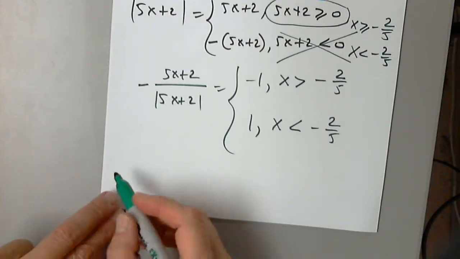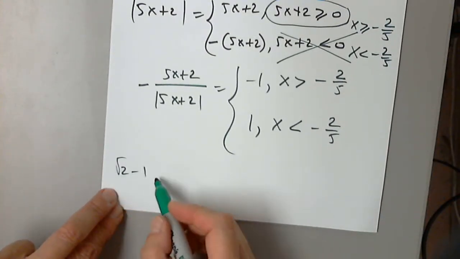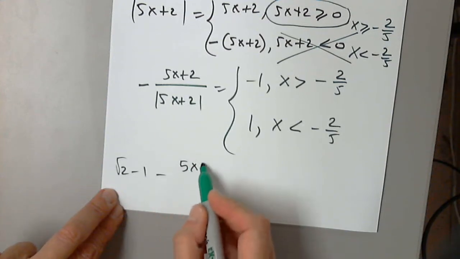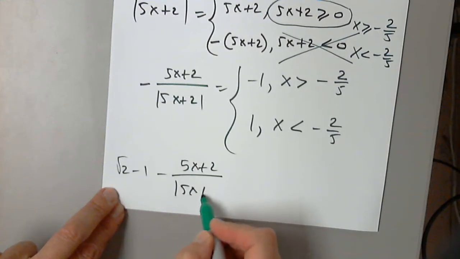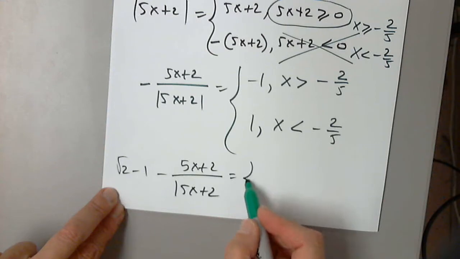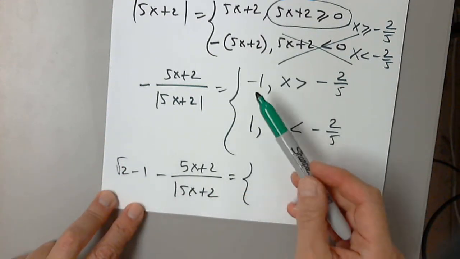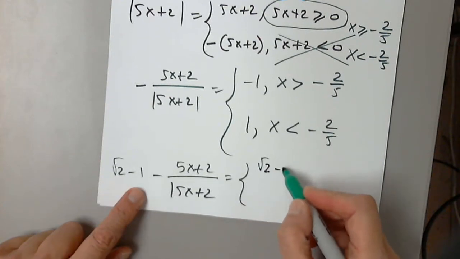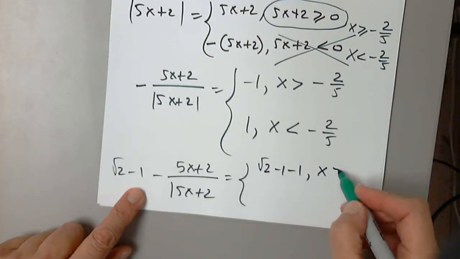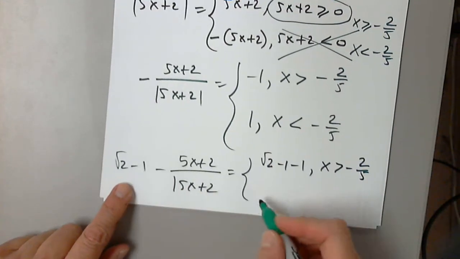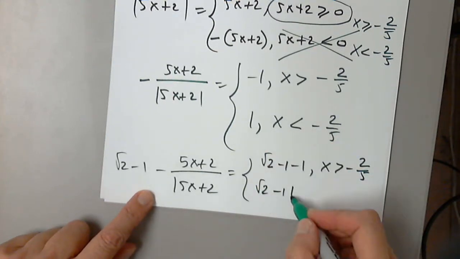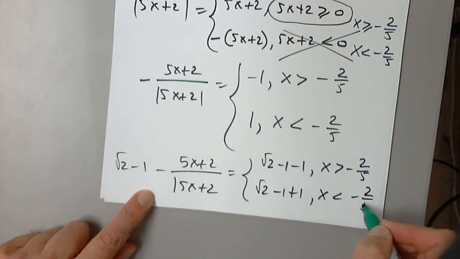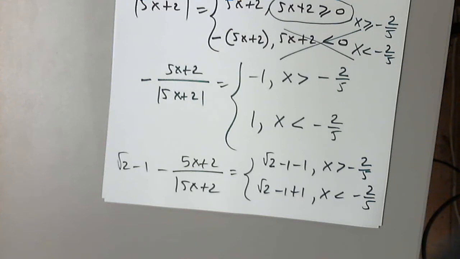So now the whole thing, the square root of 2 minus 1 minus (5x plus 2) over the absolute value of 5x plus 2, only has this number in front. I copy it, I don't do anything else, but I just have the square root of 2 minus 1 minus 1 for x greater than negative 2/5, and the square root of 2 minus 1, but plus 1, for x less than negative 2/5. So remember, when we have absolute value on a number, it's nothing.